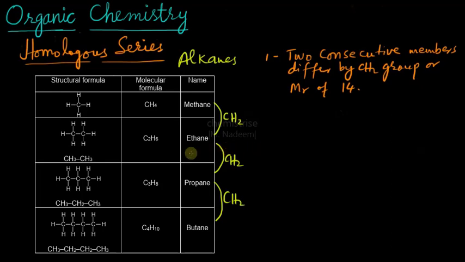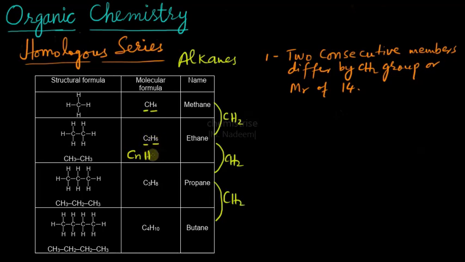In a homologous series, if you look at the formula, we got one carbon and four hydrogens. We got two carbons and six hydrogens. There is a relationship between the carbon and hydrogen. And what is that relationship? Whatever number of carbons you have, like you got n carbons, if you make it twice and then add 2, you get the hydrogen.